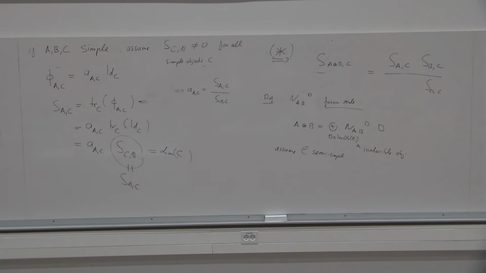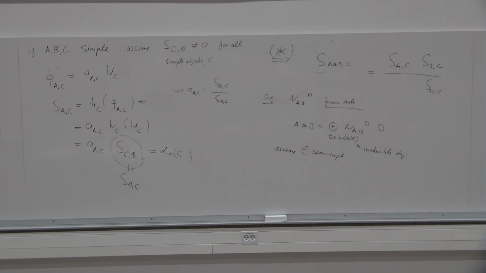So the direct sum is not necessarily finite, right? Is it a finite direct sum or not? No, it's necessarily finite because we require that A times B is an object, and any object is a finite direct sum of irreducibles. Ah, yes.